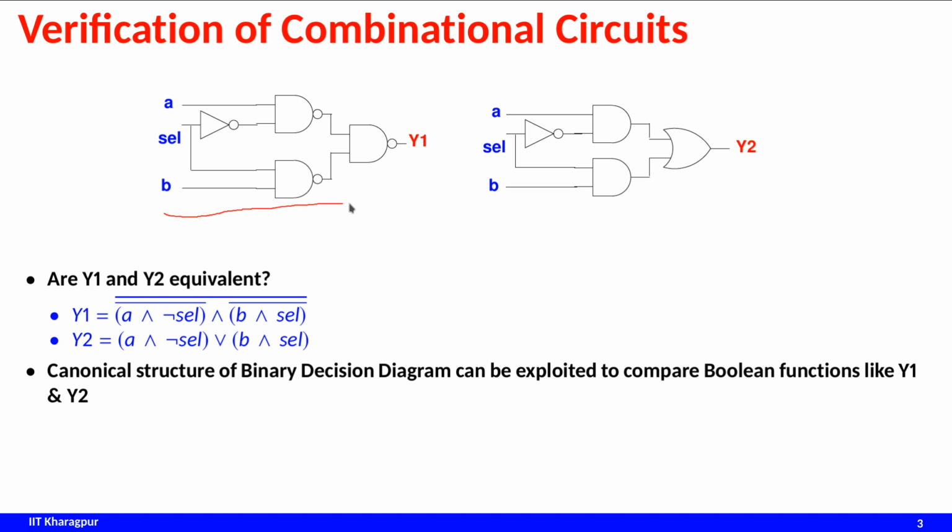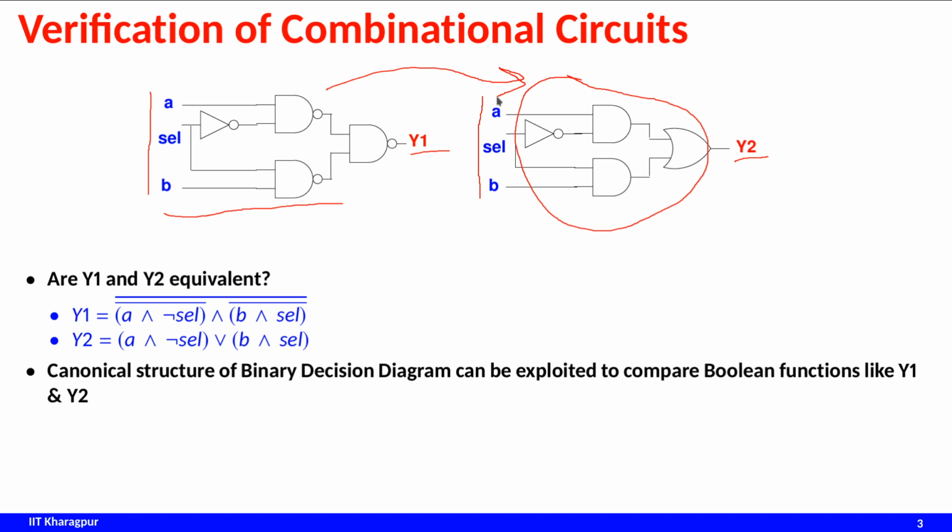Let's say I have implemented my mux in this way, which has a select and A and B input lines, and there is the output, and somebody else uses the same input lines and produces another output but uses a different implementation altogether compared to this one.